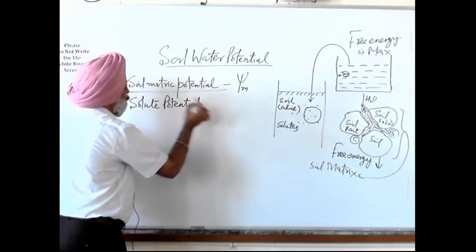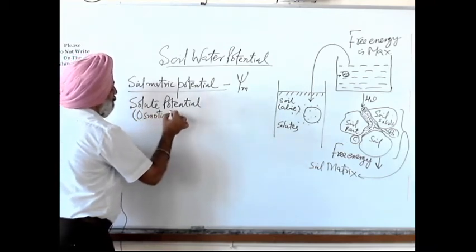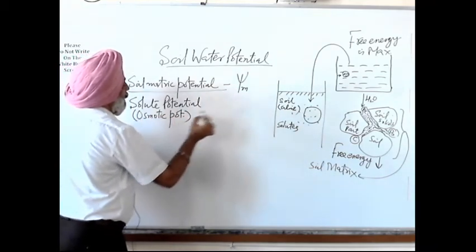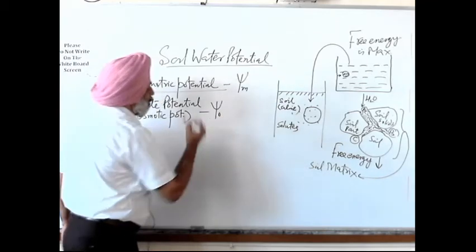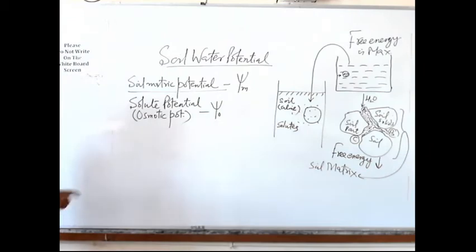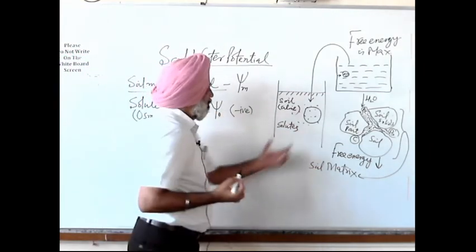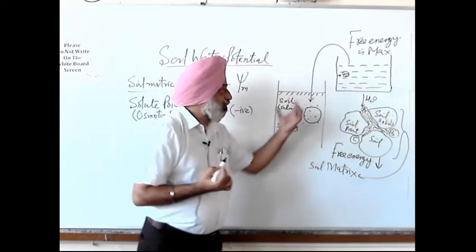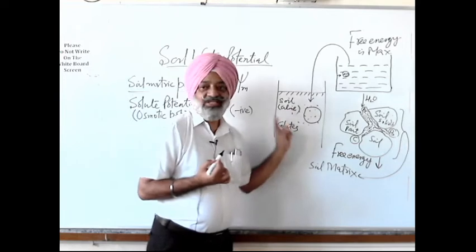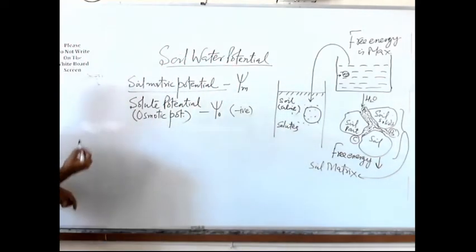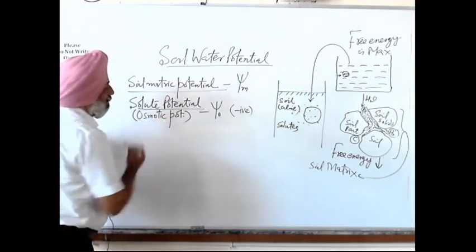Many times we also call this osmotic potential and represent this as psi o. Now this is always negative because again, when water molecules are attracted by the solutes, their free energy gets decreased. This is also negative. So this is the second component, solute potential.